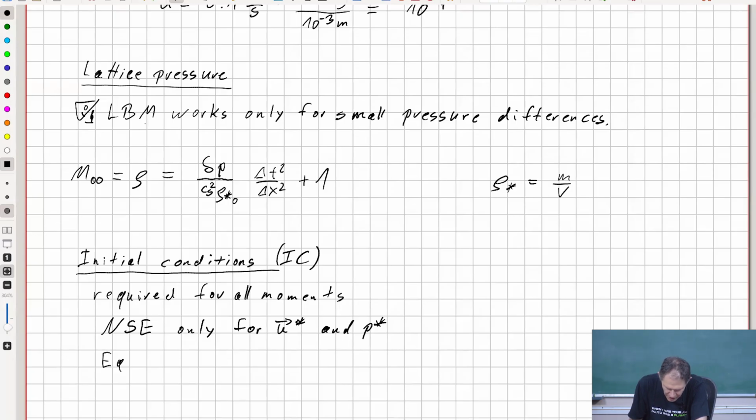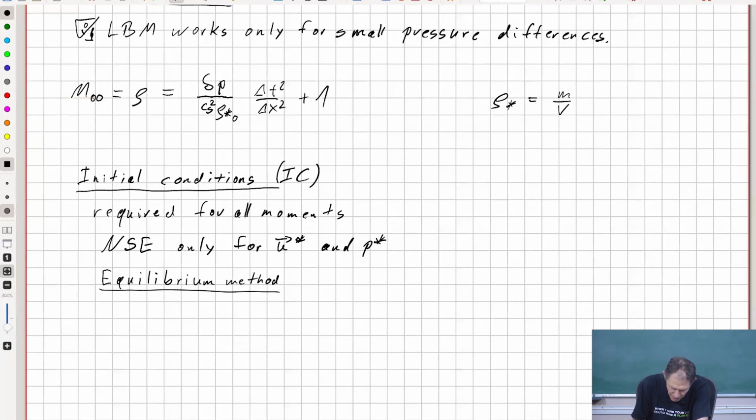The easiest and I guess still most common way of doing this is the so-called equilibrium method, which is pretty simple. Suppose we have the initial conditions that we would use in the Navier-Stokes equation, say a velocity at time 0 distributed over space, and rho distributed over space at time 0.